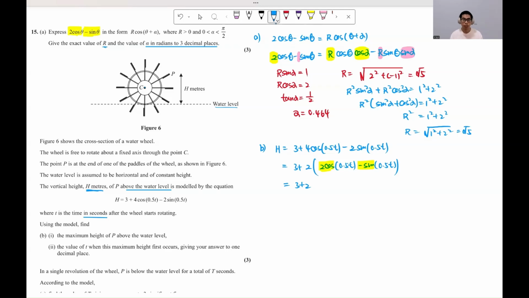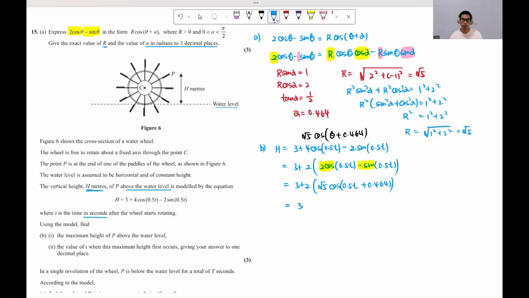To replace it, actually I forgot to write the final answer for part A. So r is root 5, so it's root 5 cos(theta plus 0.464) for part A. If we use that form, it should be the same: root 5 cos, with 0.5t instead of theta, plus 0.464.